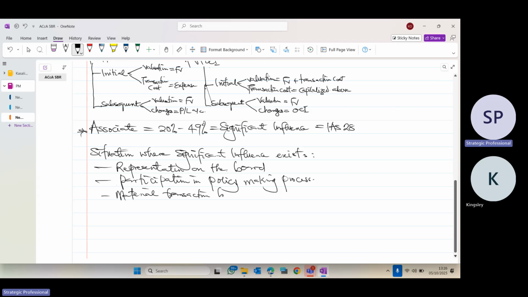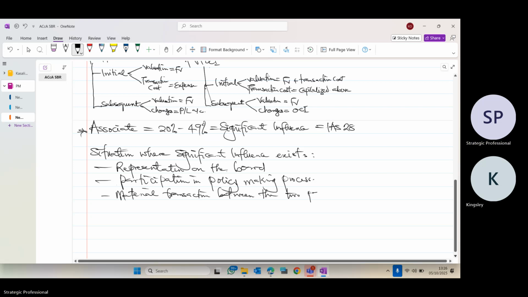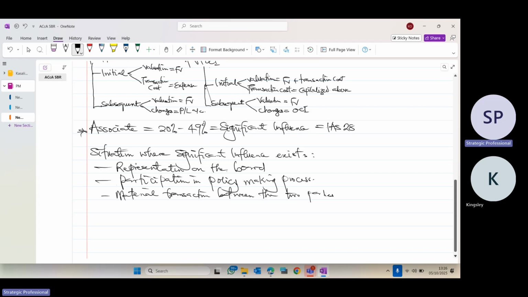There can exist material transactions between the two parties.